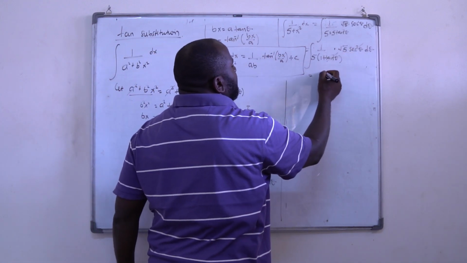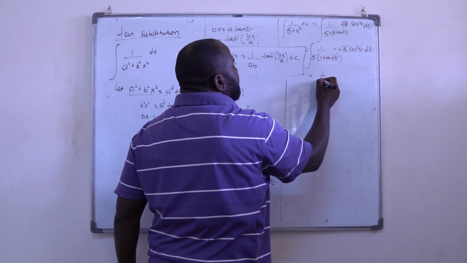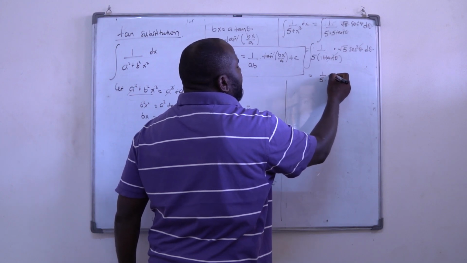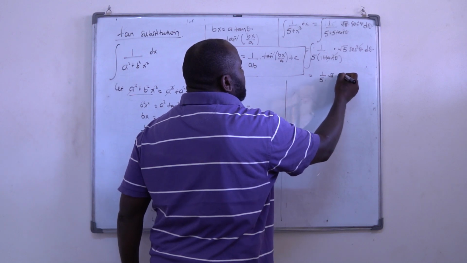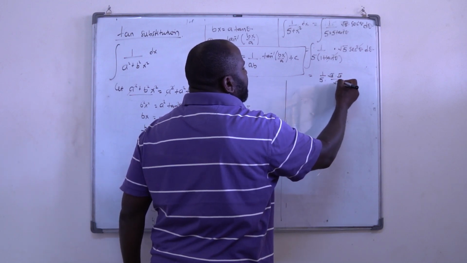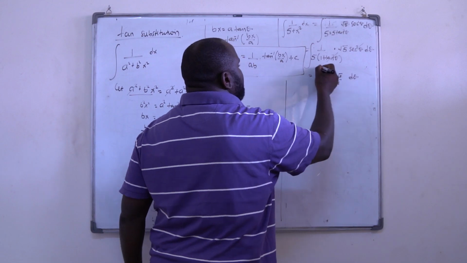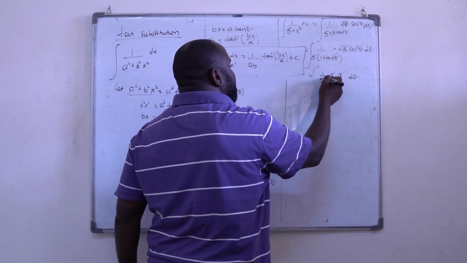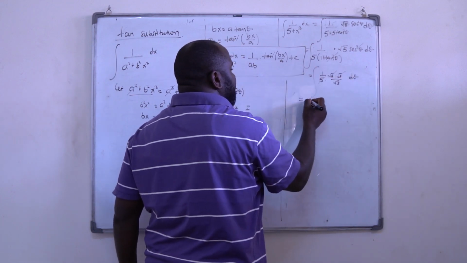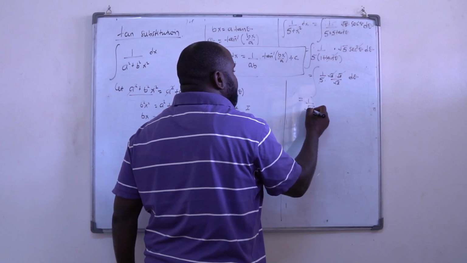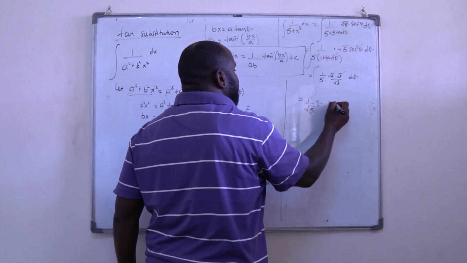So I'll have 1 over 5 times root 5. If I rationalize this root 5 by dividing by root 5 d theta, then I integrate, I'll lose this root 5 with that 5. So I'll end up having 1 over root 5 times theta plus a constant.